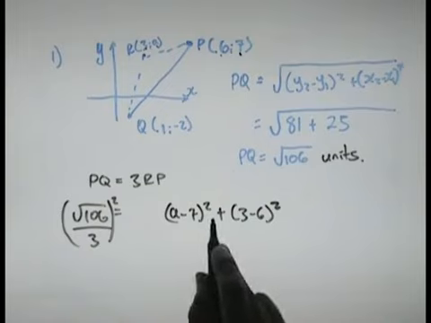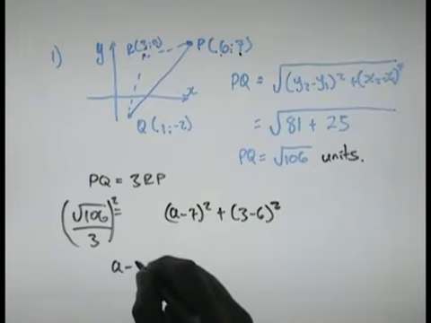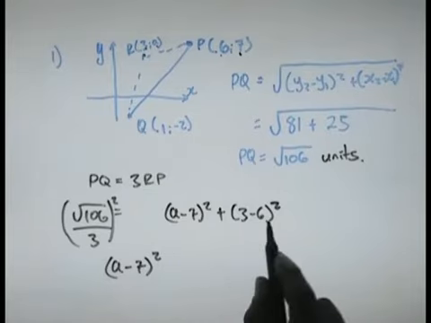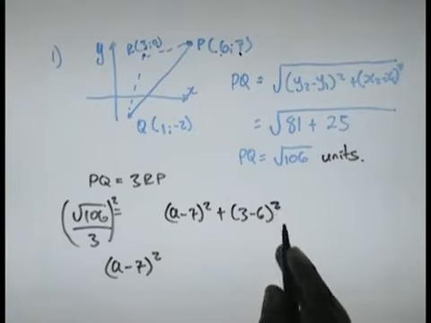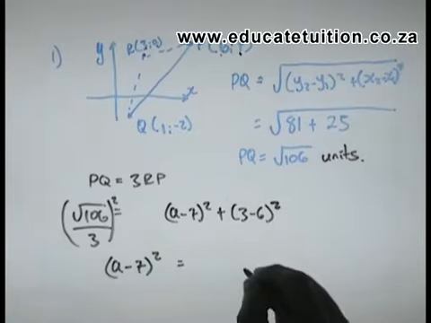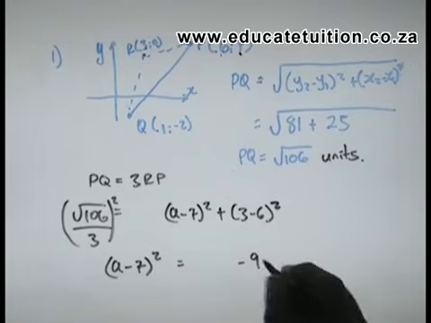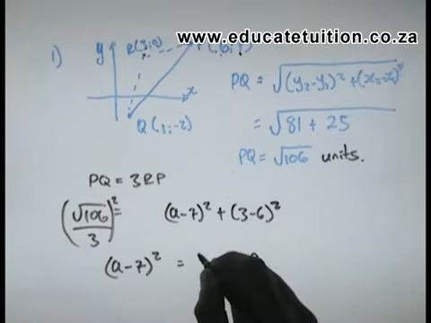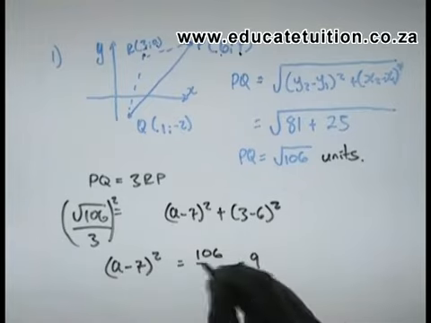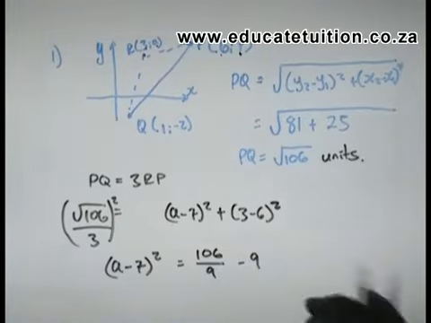That means that (A minus 7) squared plus (3 minus 6, which is -3) squared, which is +9. The +9 taken across will become -9. Root 106 squared is equal to 106, and 3 squared is equal to 9.